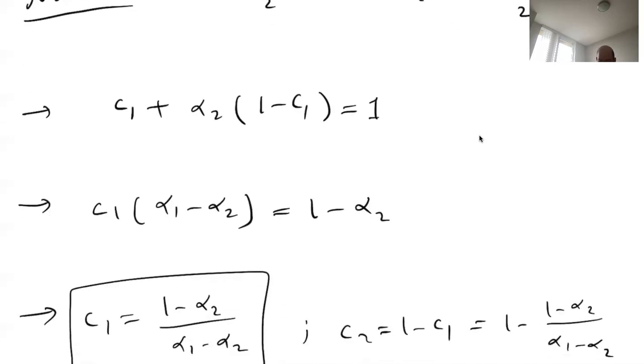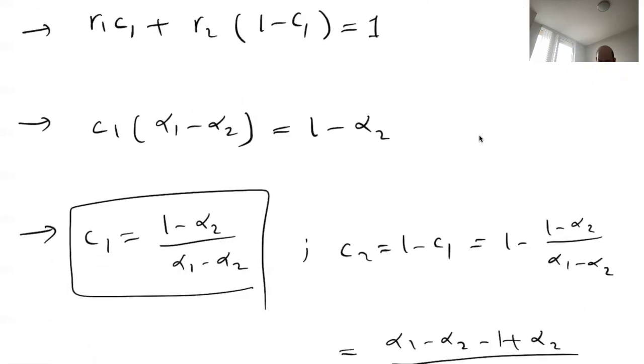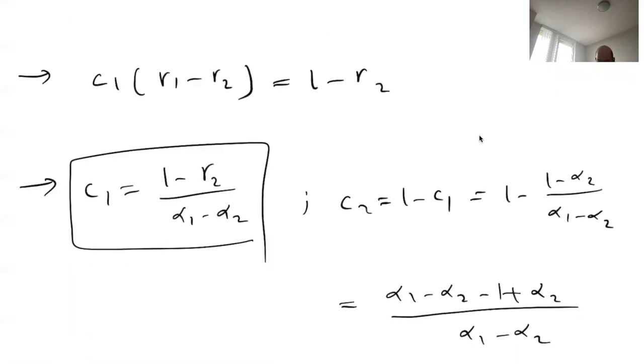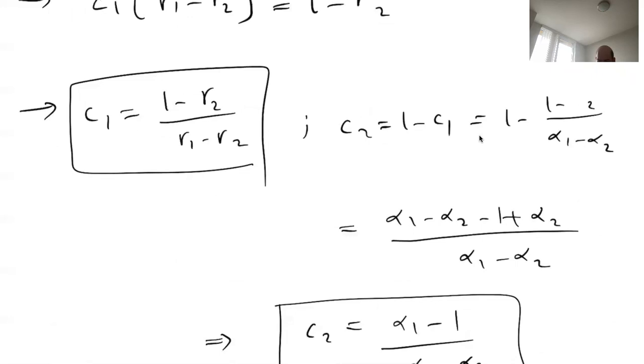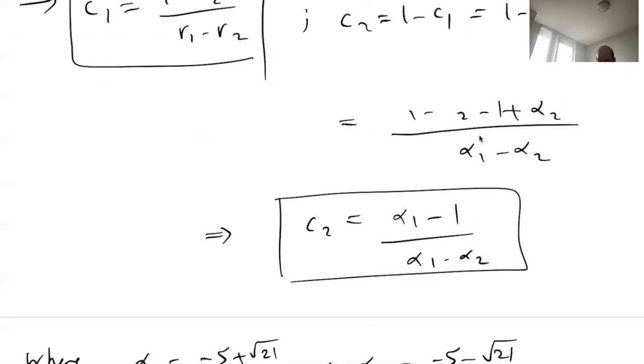So we will have c1 equals 1 minus R2 divided by R1 minus R2, and c2 equals R1 minus R2 minus 1 plus R2 divided by R1 minus R2.